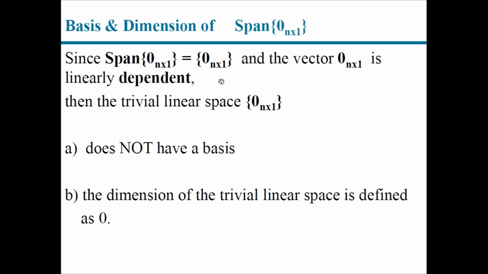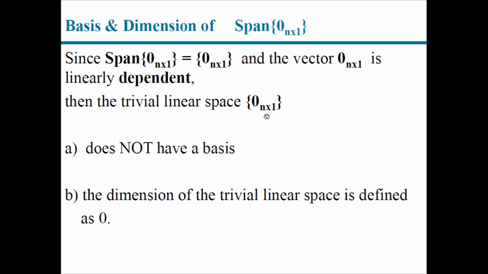So if I go again to my special linear space span of 0, which contains actually only one vector, 0, and I remember that vector 0 is linearly dependent. So this trivial linear space, the 0 space, contains only one person. And this person is linearly dependent.